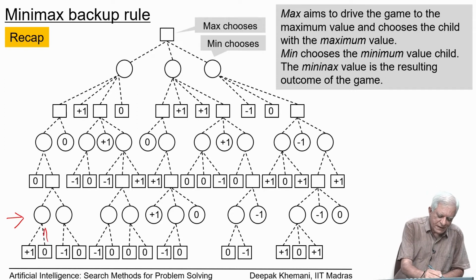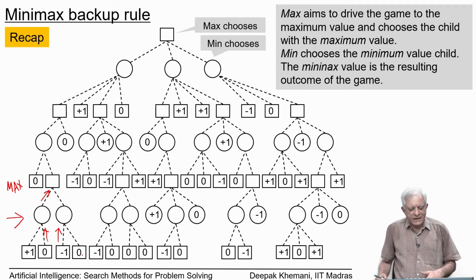So, min will back up 0 here, min will back up -1 here, and so on and so forth. So, 0 would come there, -1 would come there, then max would back up the maximum value. So, this is the max level, and max will back up the value from here, because that is a value that it will get, which is 0, and from the other side it is getting -1 essentially.